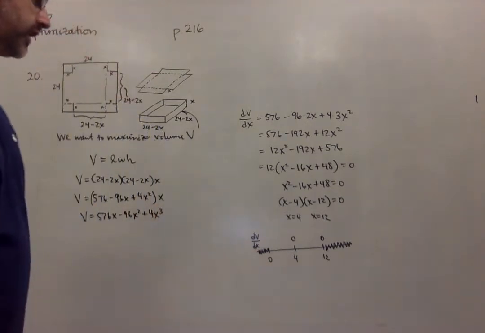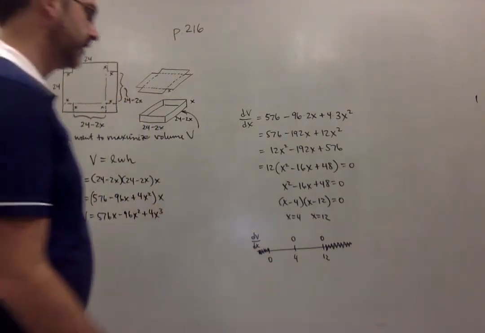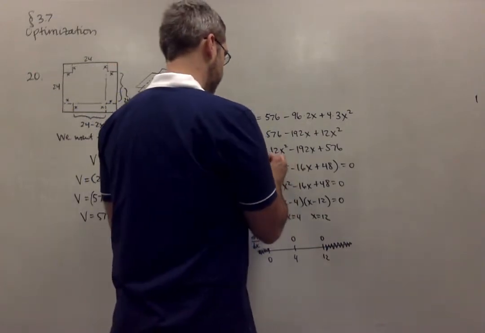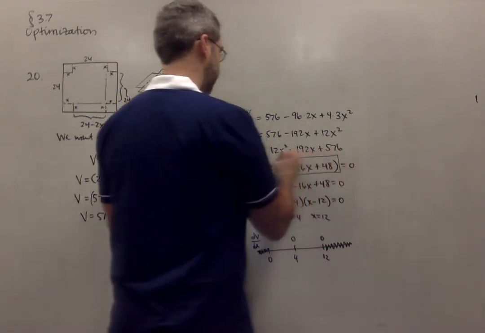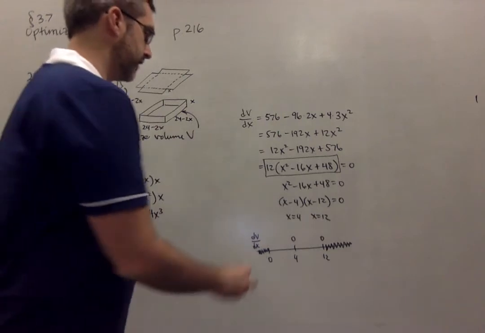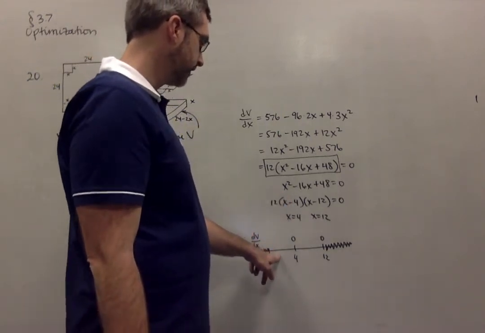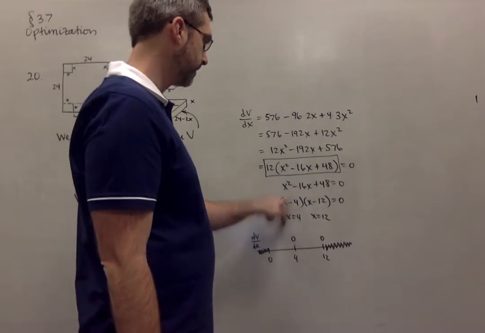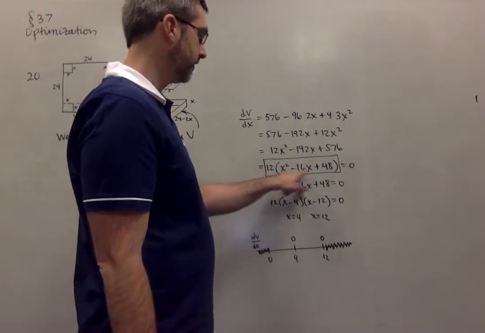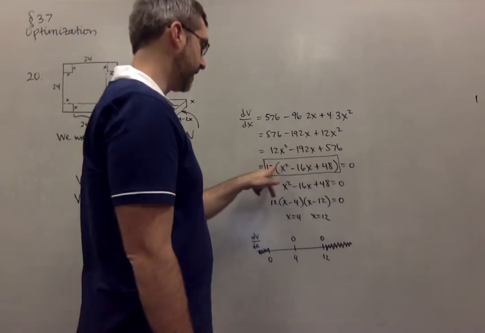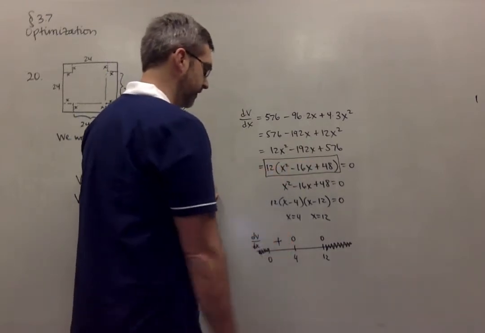And if we check those regions, here is the derivative, which is actually just 12 times this thing. If I were to plug in something small like 1, 1 minus 16 plus 48, this is definitely a positive number, so I'm going to get positive here.